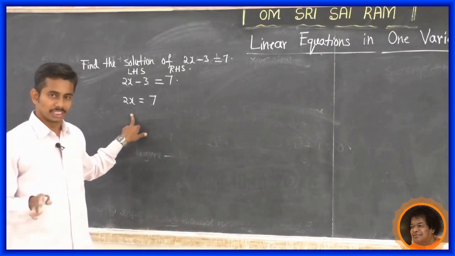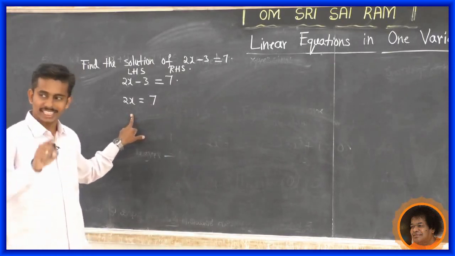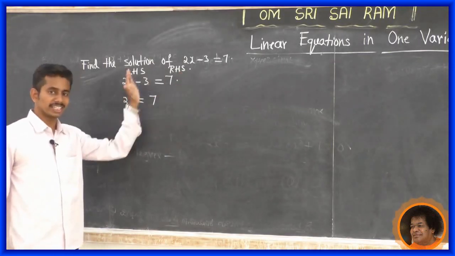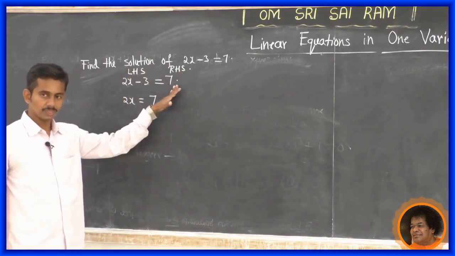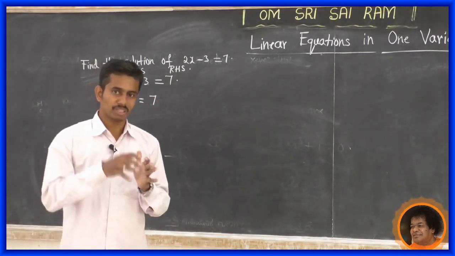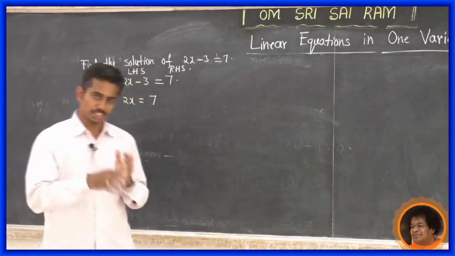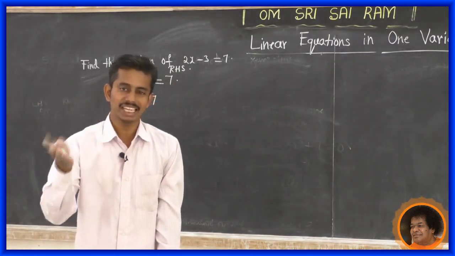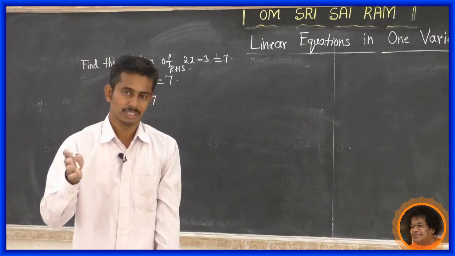While transposing any term from one side to another side, it means left hand side to right hand side or right hand side to left hand side, the operation will change. It means subtraction becomes addition, addition becomes subtraction. Someone says plus becomes minus or minus becomes plus.